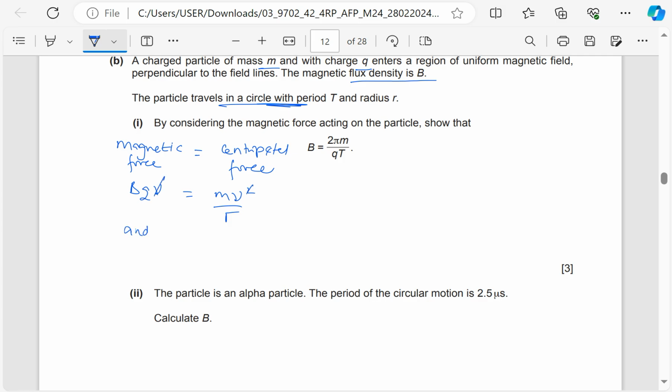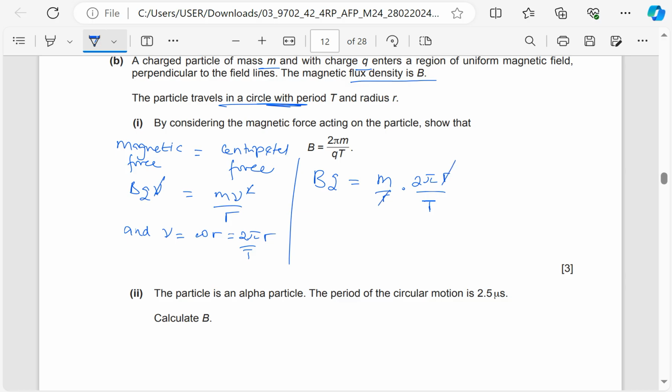And we also know that v is equal to omega r, which is the same as 2 pi over t times r, because omega is 2 pi over t. So BQ is going to be equal to m over r times, where there is v, I'm going to put 2 pi r over t.